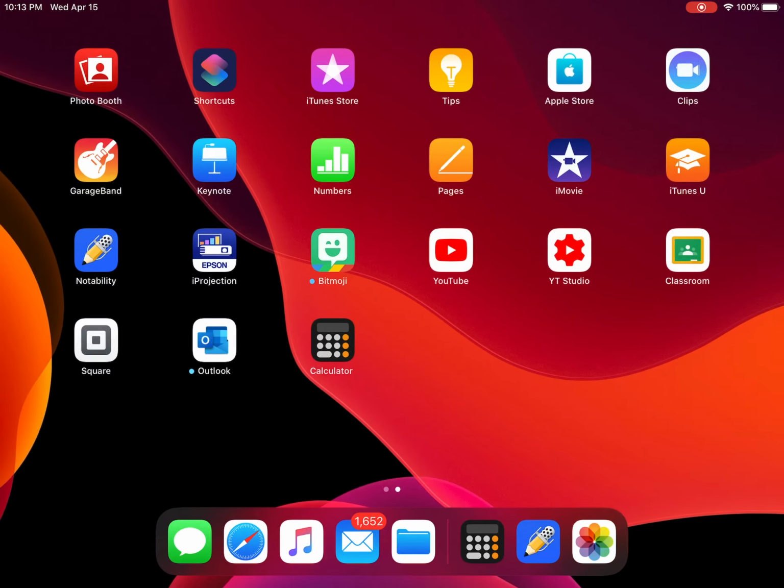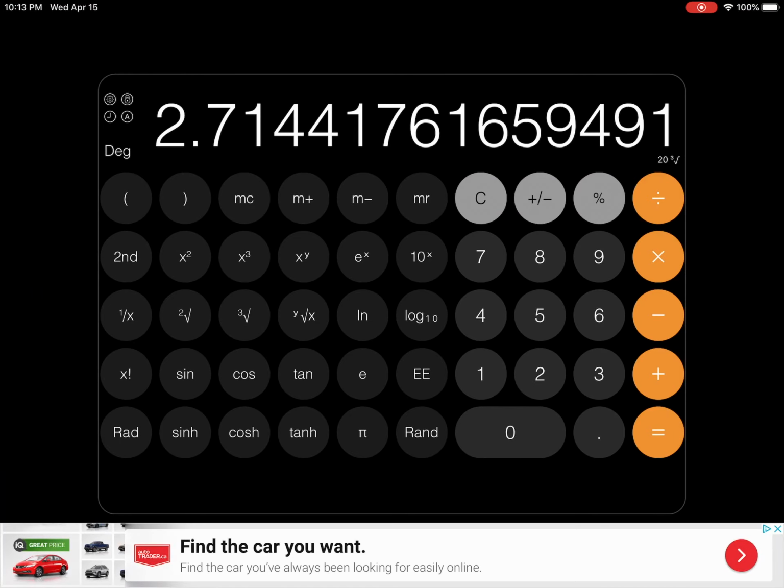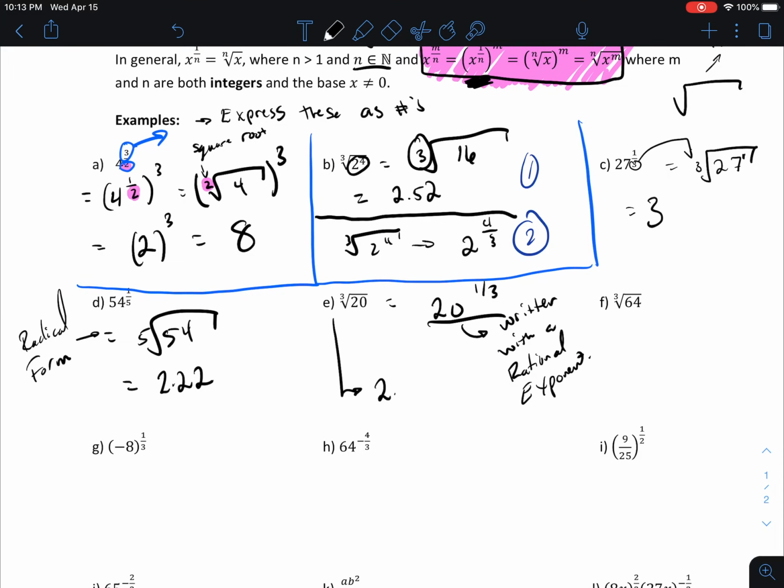And then evaluate. If I just say evaluate, then you can just go to my calculator, type in 20, and then go to the cubed root of 20, 2.71. Okay, and then I'll show you here, 2.71. Okay, the other thing you can do is both of these.